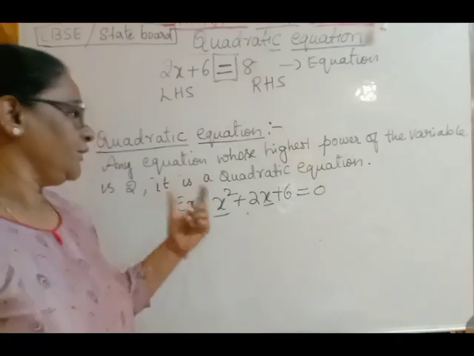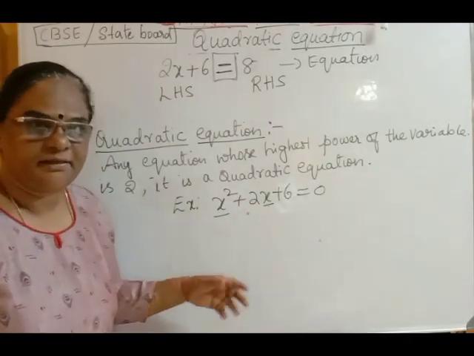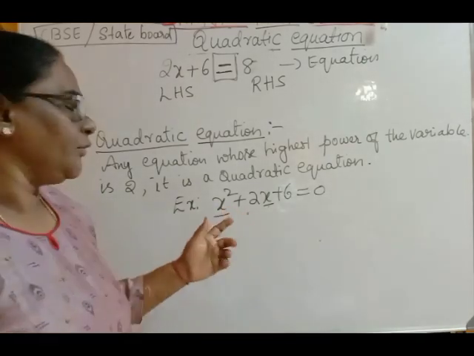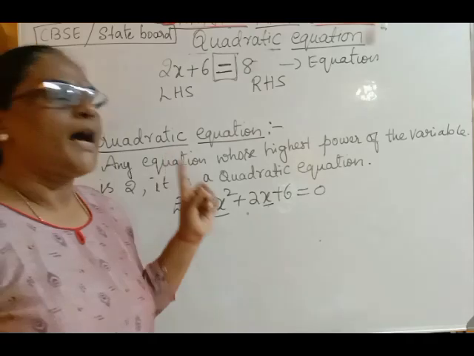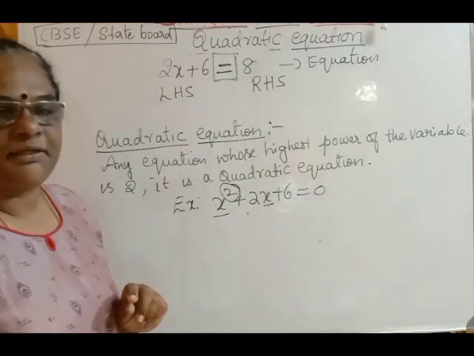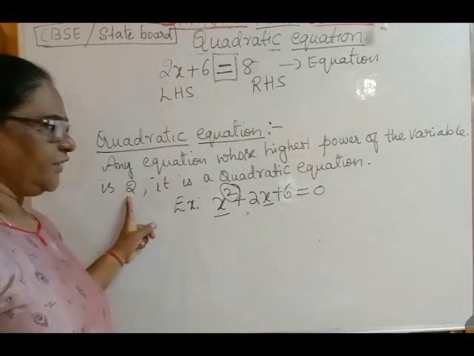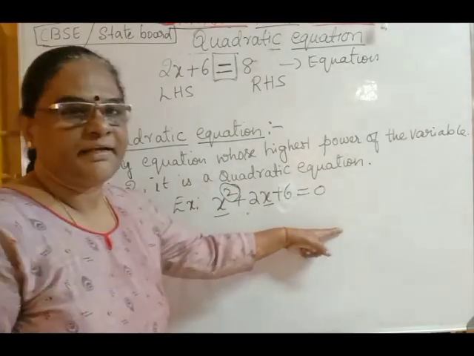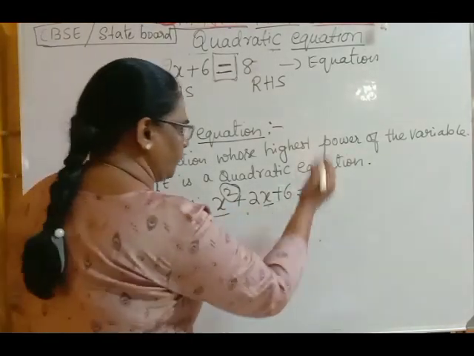Here we are using only one variable, any variable, x or y or z or a or b, whatever it is. And the highest power of the variable should be equal to 2. If it is equal to 2, then we call it a quadratic equation. Okay, this is an example of a quadratic equation.